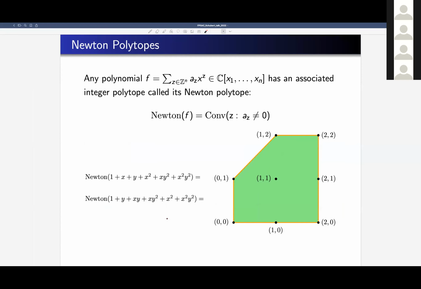And then Newton polytopes, we also already met in the first slide, but we didn't call them this way. So if you have a polynomial, you can think of the exponents in space like we did.